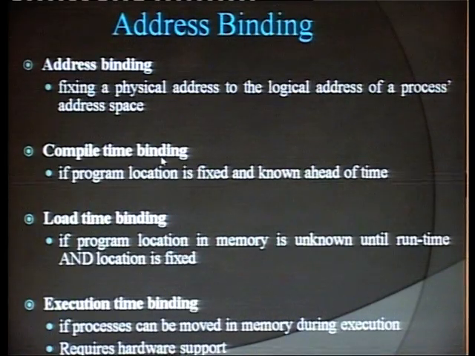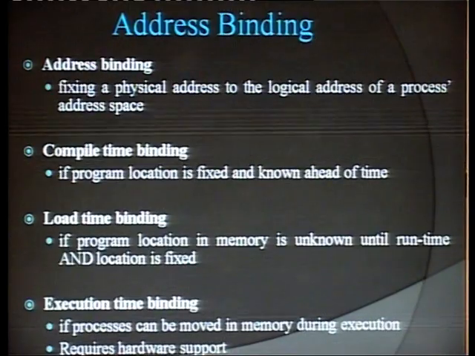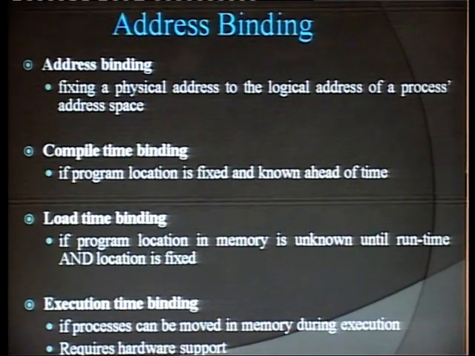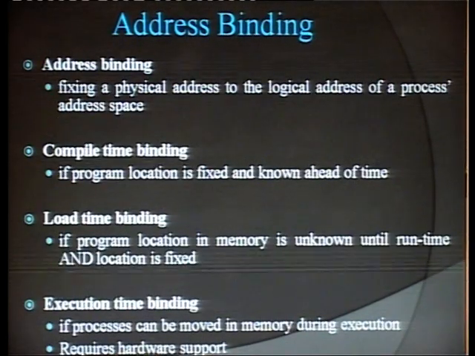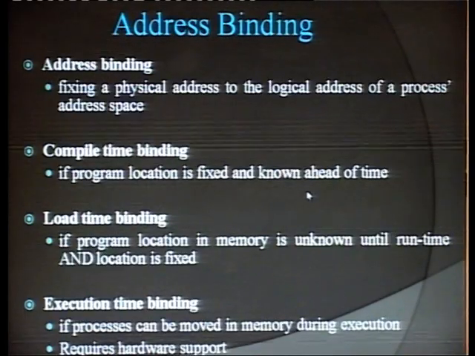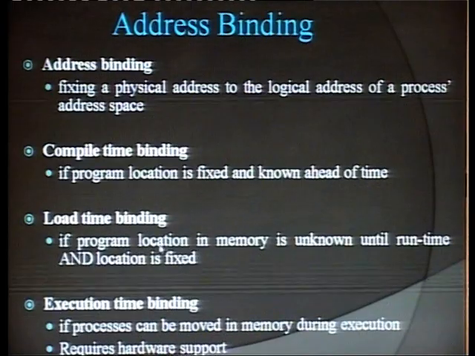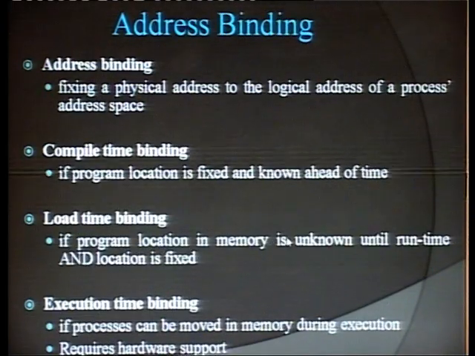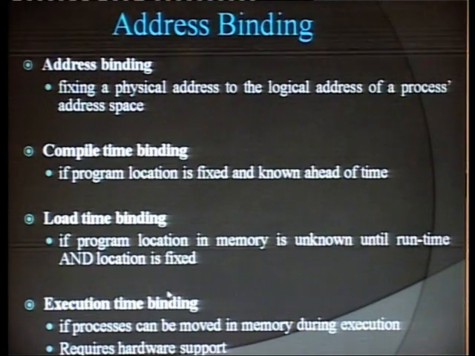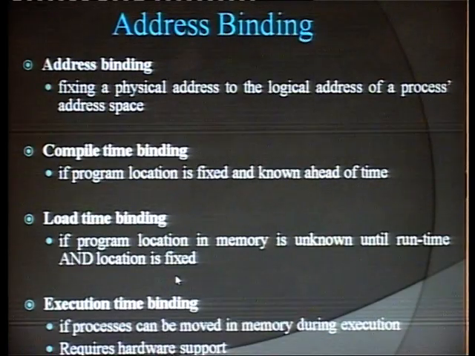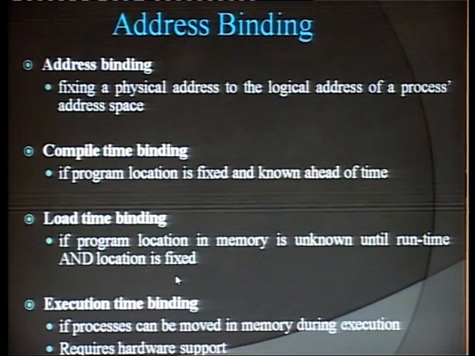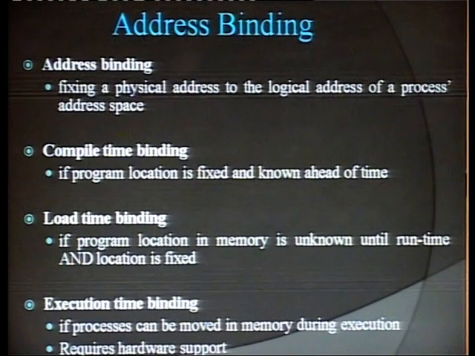Compile time binding means, at compilation time, the process location is fixed and known ahead of time. Load time binding is used if the program location in memory is unknown until runtime, and then the location is fixed. That means load time binding lies between compile and execution.